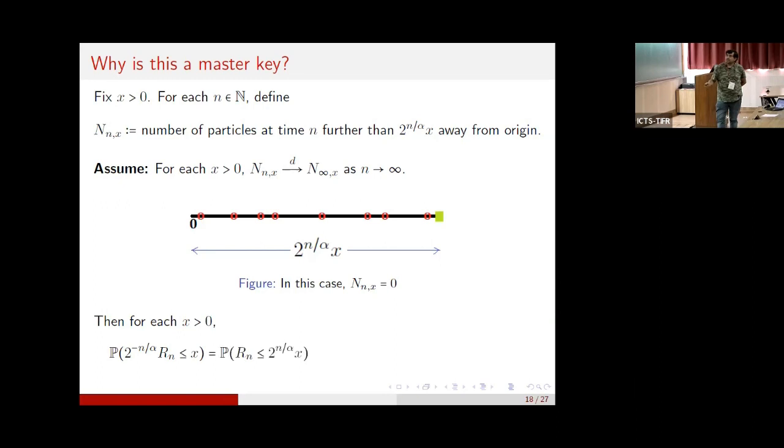Now, this is the same as the rightmost particle being less than or equal to 2^n over alpha times x, which means there is no particle to the right of this point. So whatever I call N_n(x) is the number of particles which are further than this point from the origin, that should be 0. And that, because I know the limit, should converge to the probability of this. So from this calculation, if I know the limit explicitly, then I will be able to compute this limit, and then I'll be able to prove Rigdurett's theorem.